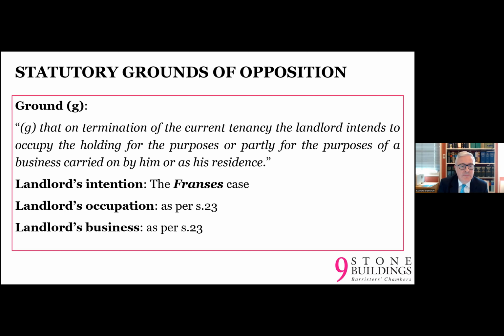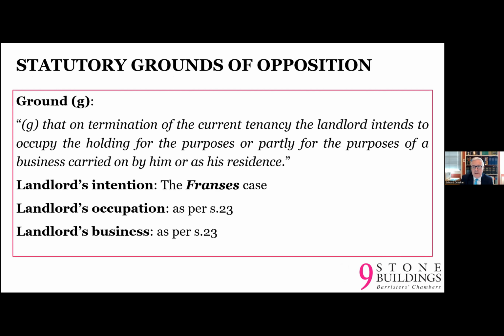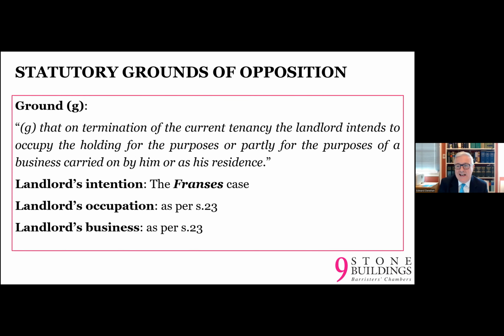The landlord's intention: everything I've said about the Francis case and the 3 questions that have to be asked apply here. Does the landlord genuinely intend to occupy for business purposes or as a residence? If he says, I do, is there a realistic possibility of him actually occupying for business purposes? It doesn't have to be the same business, so if you need planning permission, same sort of debate.